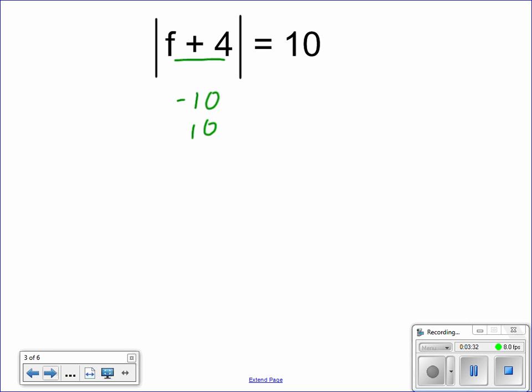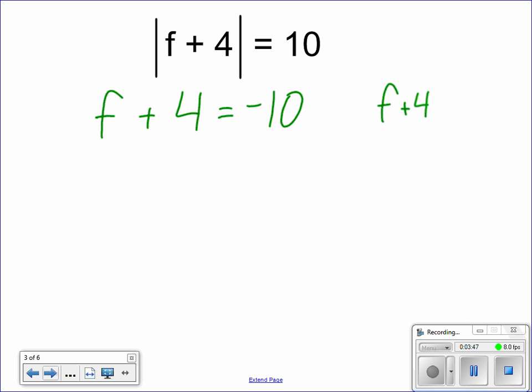the answer would be the absolute value of 10. So when I'm doing this, I'm going to actually solve 2 equations: f plus 4 equals negative 10, and f plus 4 equals 10. I'm going to do both the negative and the positive value here.